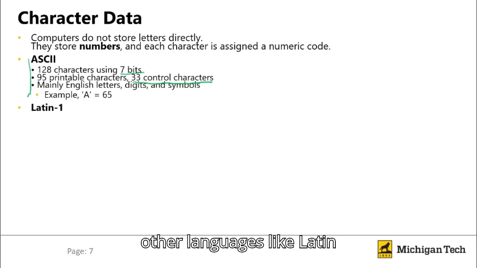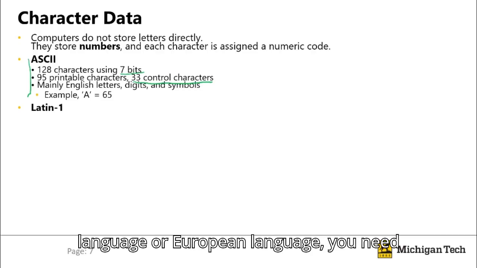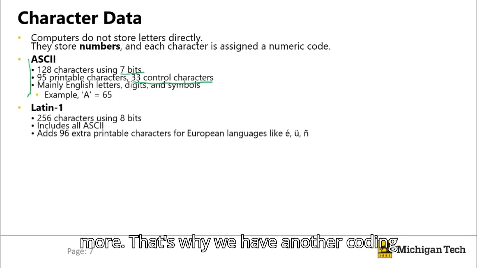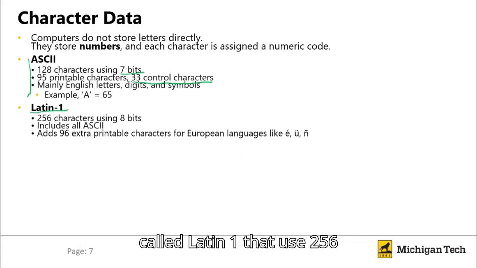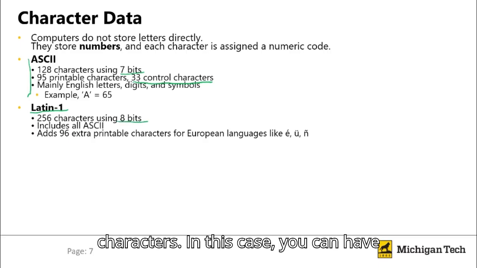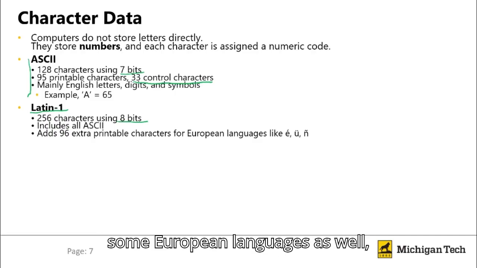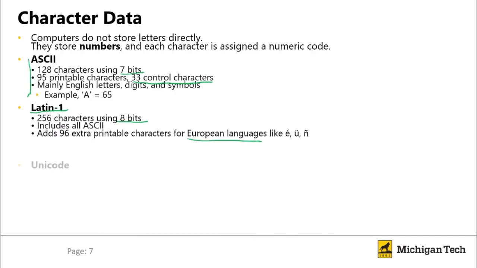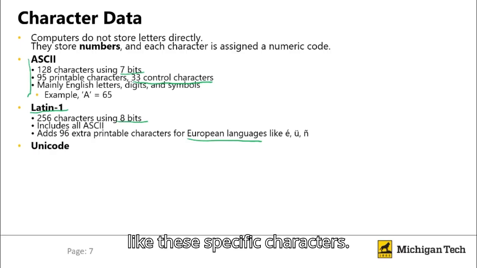If you use other languages like Latin languages or European languages, you need more. That's why we have another coding called Latin 1 that uses 8 bits, so you can have 256 characters. In this case, you can have some European languages as well, like these specific characters.